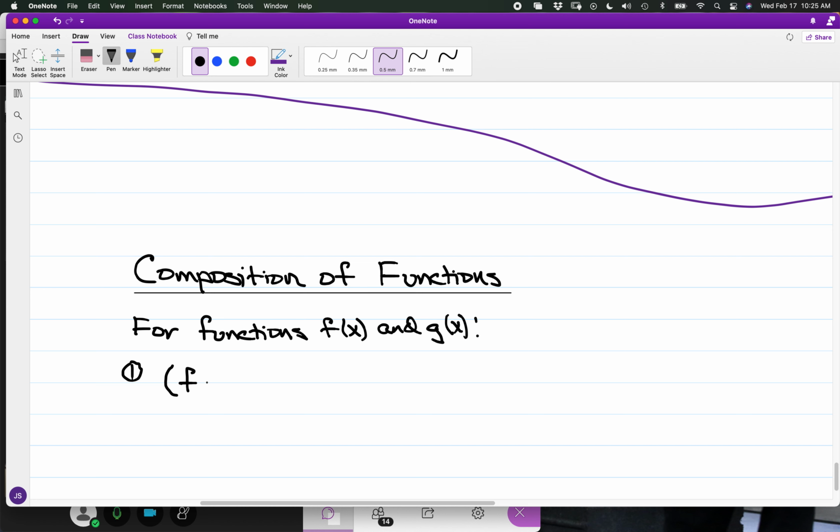Some might call this f o g of x. But you have an open circle separating the f from the g. And just reading verbatim, you would have this as f composed with g of x.